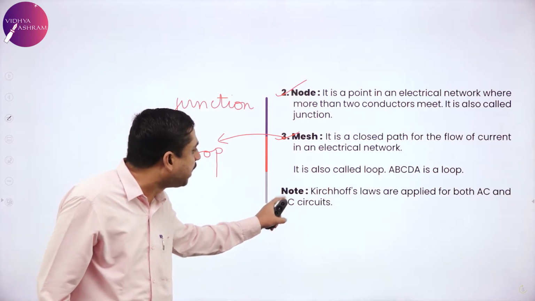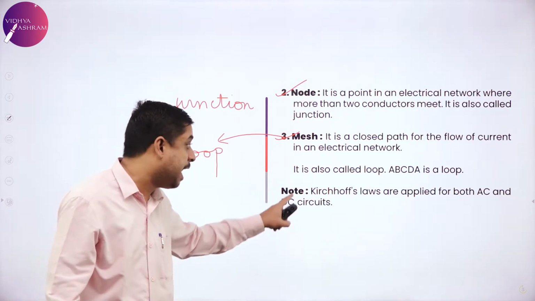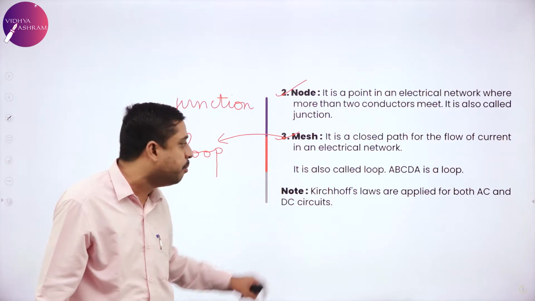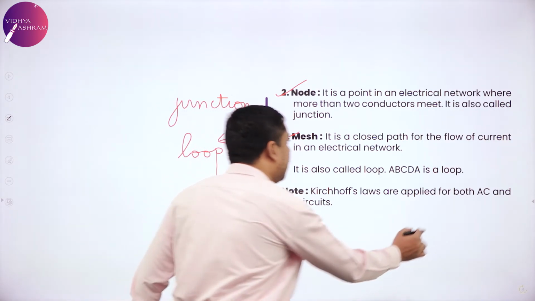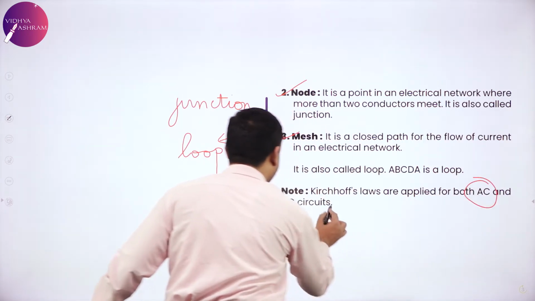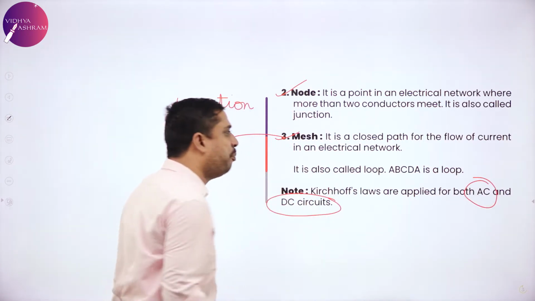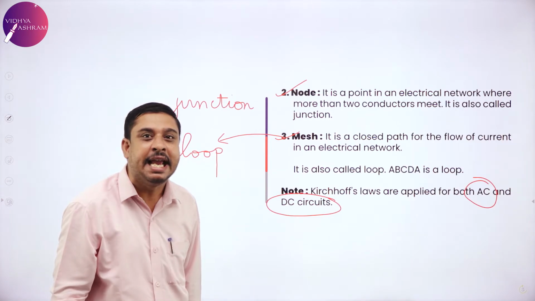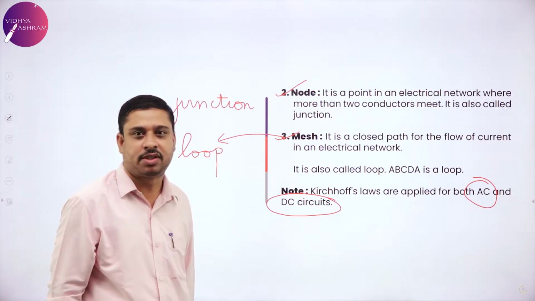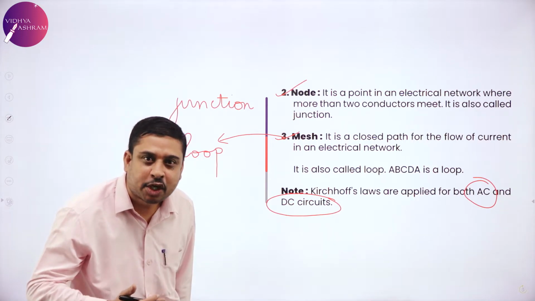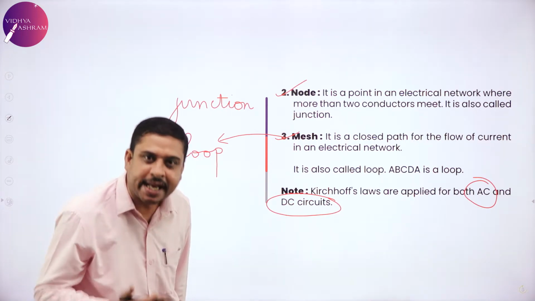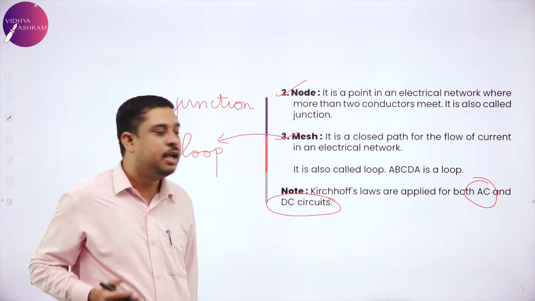A small note here, students, which may be asked for 1 mark. Please understand, Kirchoff's laws are applied for both AC and DC circuits. If you consider an AC circuit, there again you can apply Kirchoff's law.